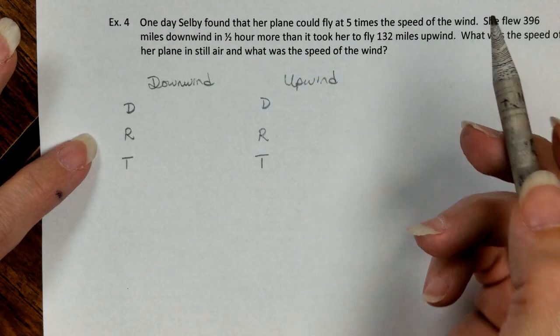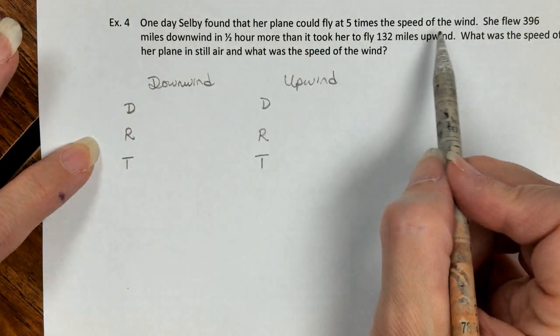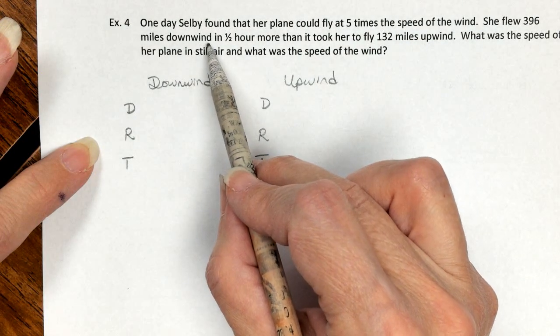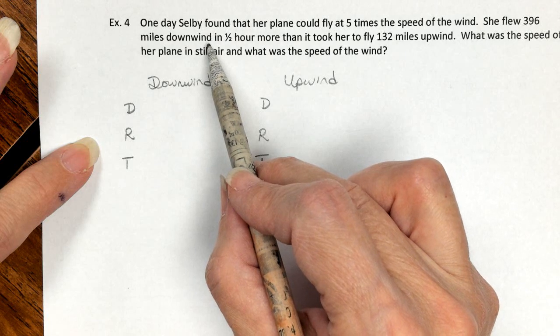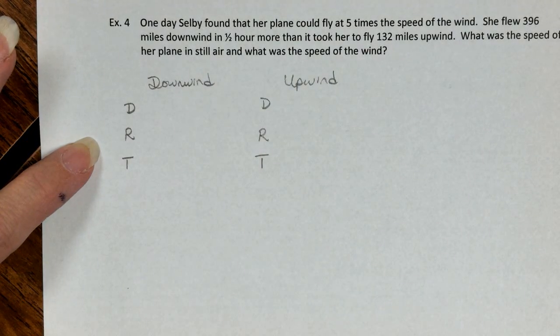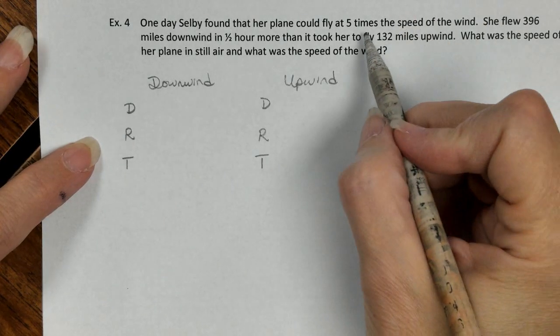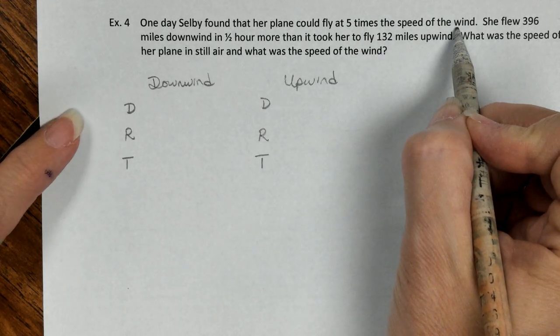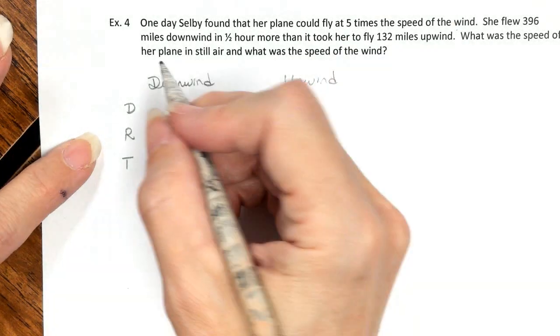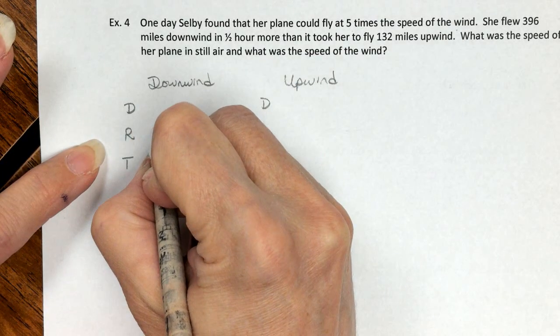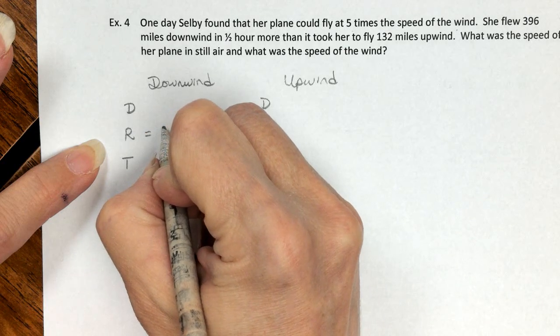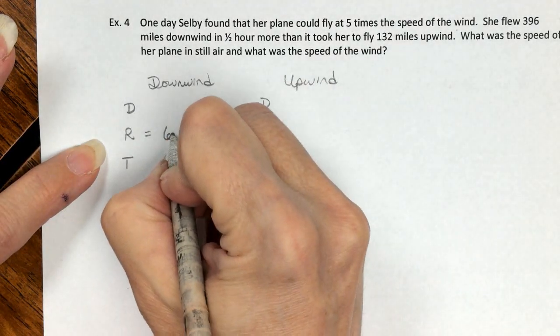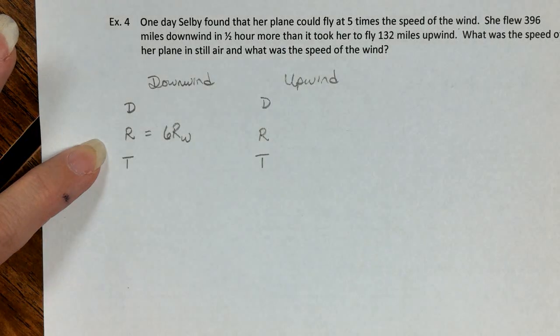Her downwind rate will be her still air rate plus the speed of the wind. Her still air rate is 5 times the speed of the wind, so this is going to be 6 times the speed of the wind. I'll put rate wind.